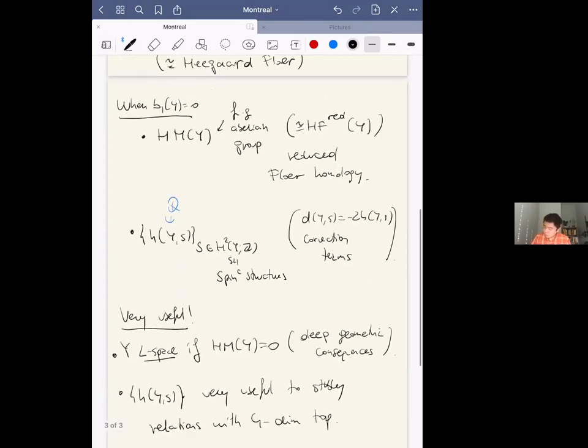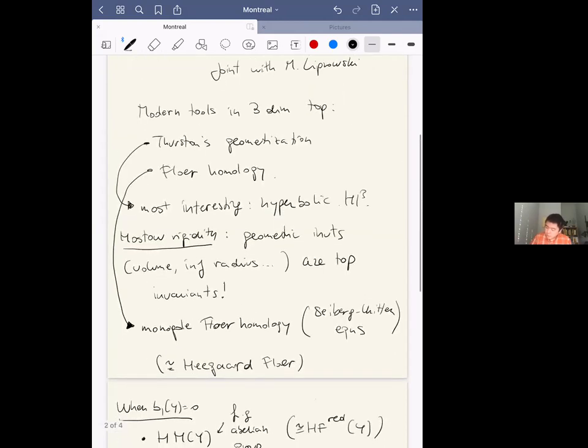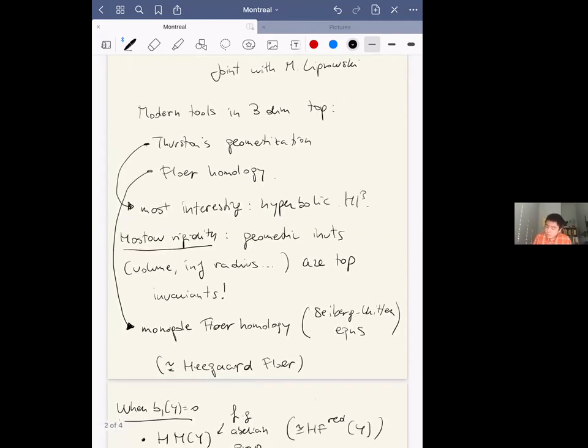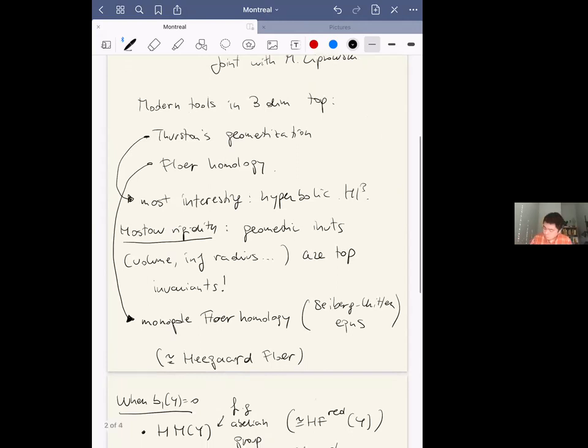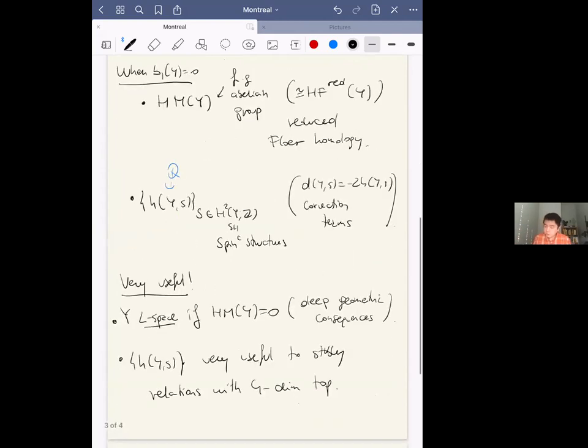To give a brief recap of what I said, we have these two theories, and they're both very useful to study certain problems: classification problems, problems about interaction with four dimensions, or problems in knot theory.